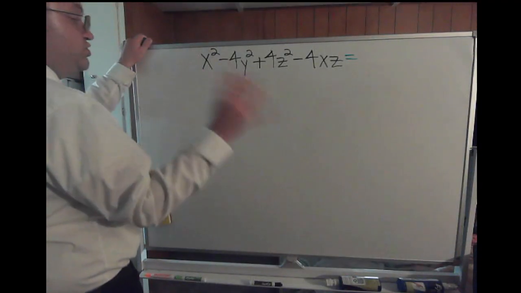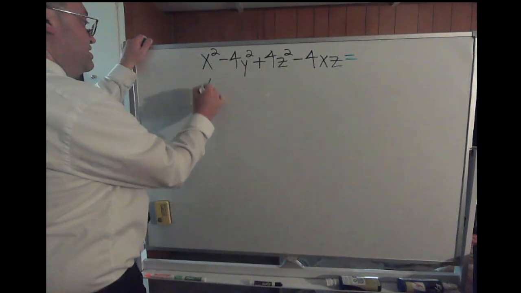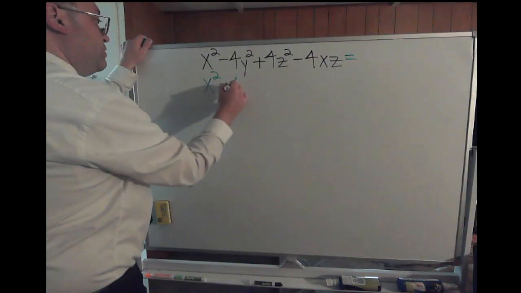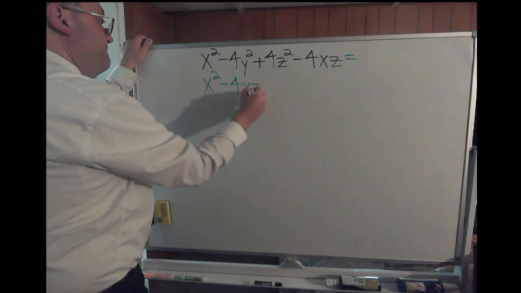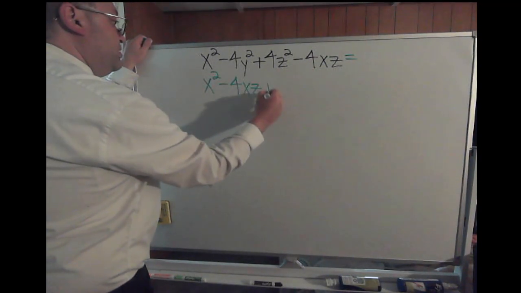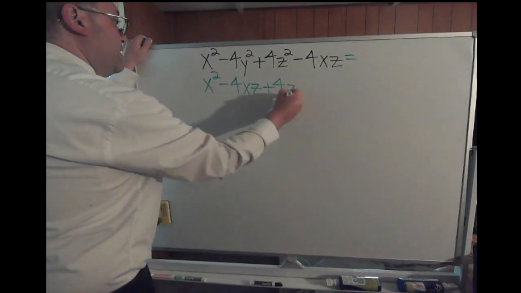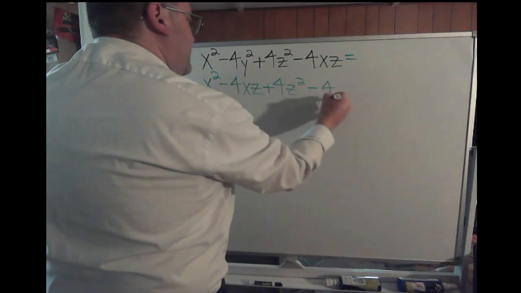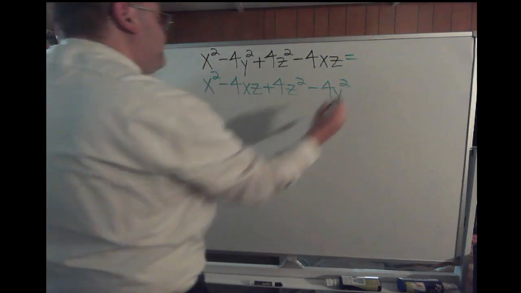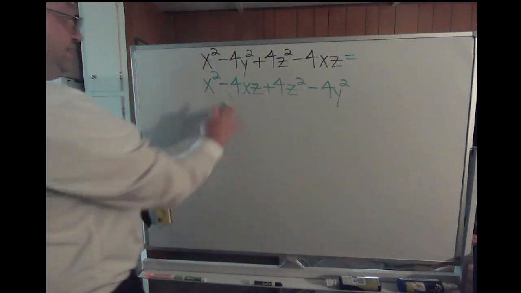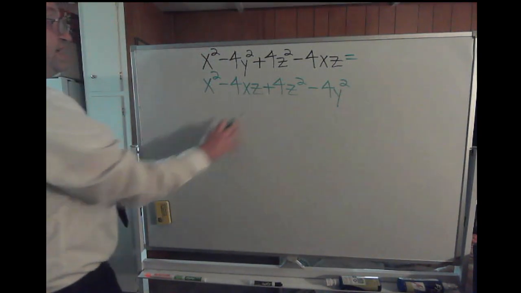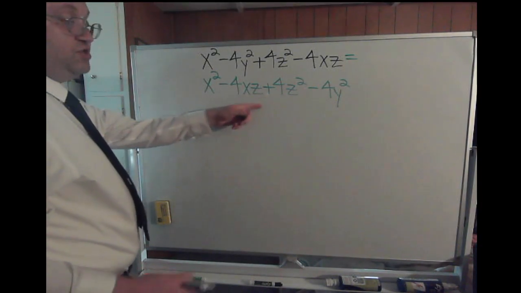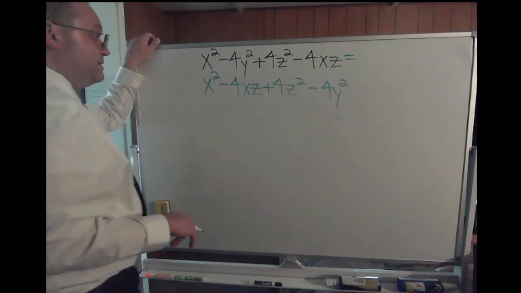So use your commutative property of addition, keep the x squared, move that minus 4xz right here. Then you have plus 4z squared. Then you have that minus 4y squared, which is kind of the odd man out. Now, this here looks almost identical to a perfect square trinomial or a binomial square, whatever you want to call it.